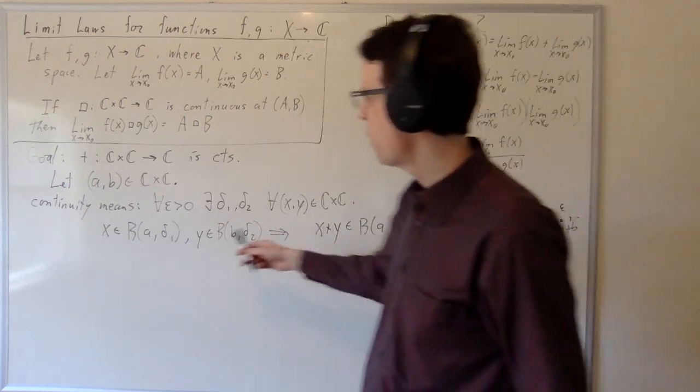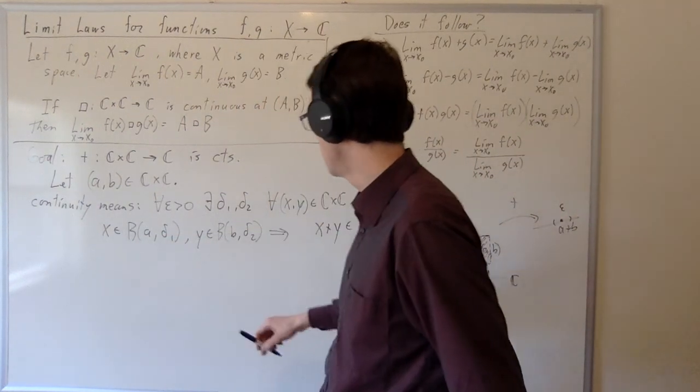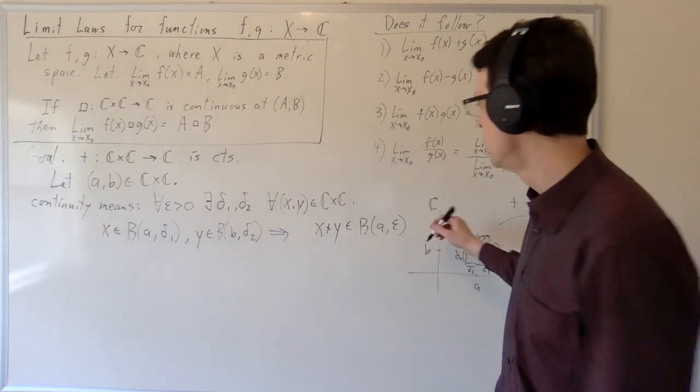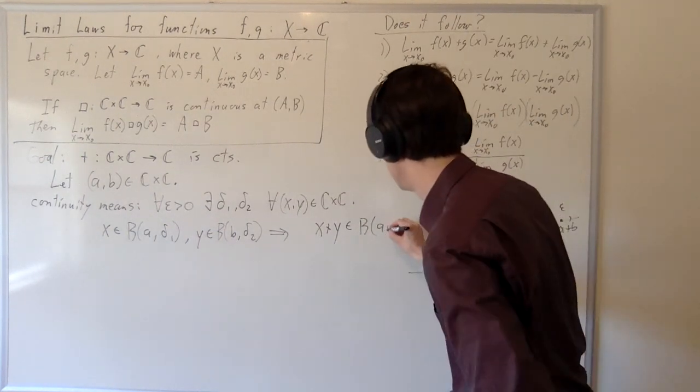So basically, if x is close enough to A and y is close enough to B, then x plus y will be as close as prescribed to, I did that wrong, A plus B.